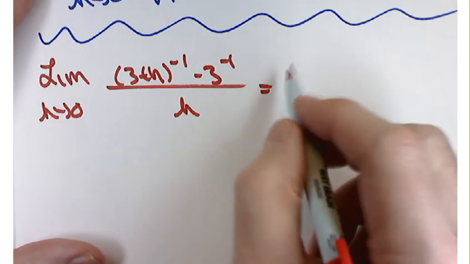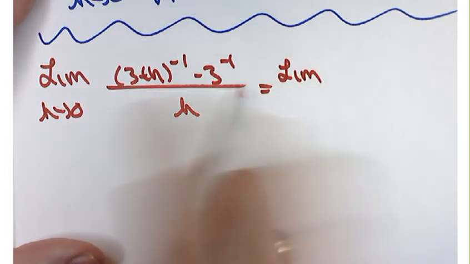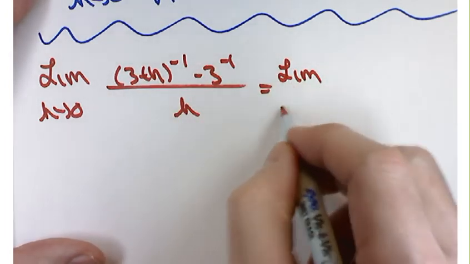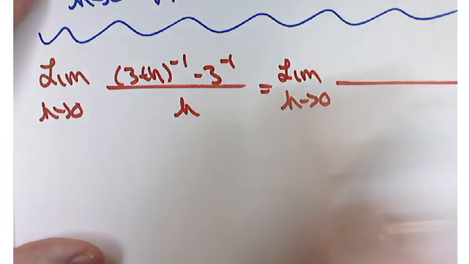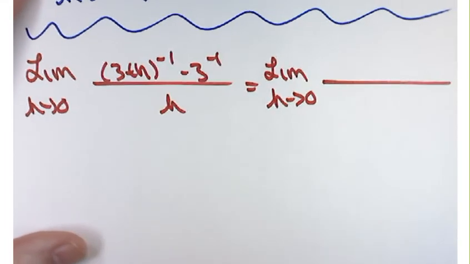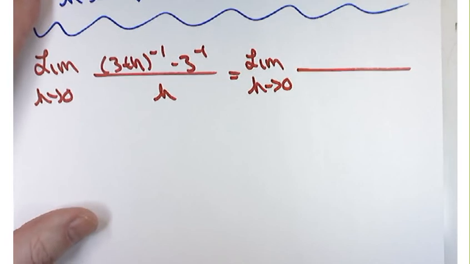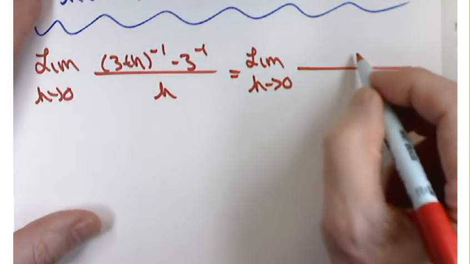Okay. Let's understand this negative first power stuff first. What does it mean when I have something to a negative exponent? How else could I write 3 to the negative first power, for instance?